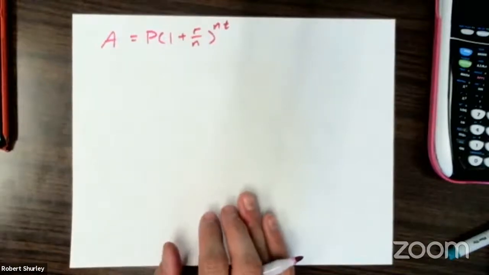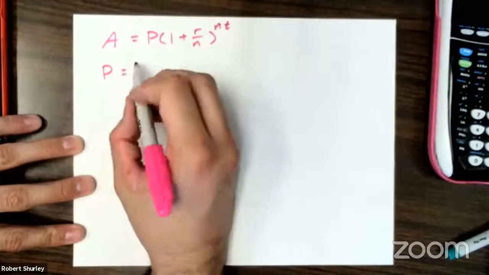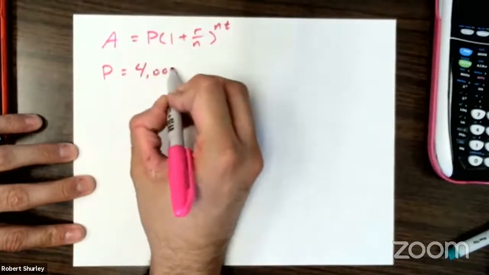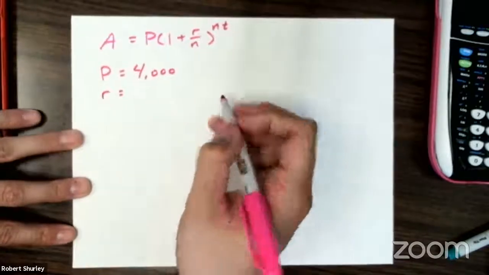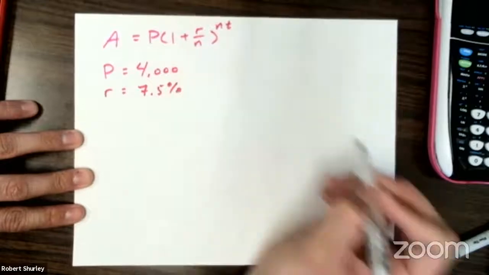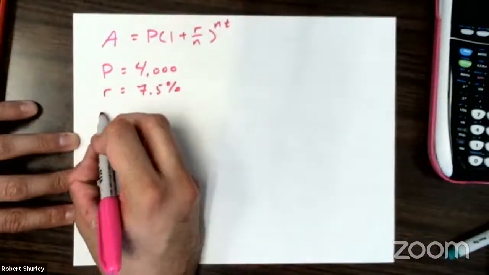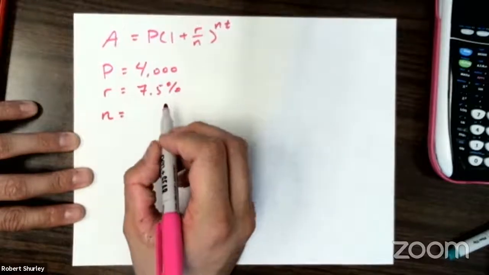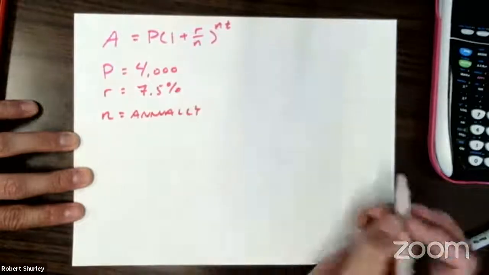Let's say we were given, which would be nice, $4,000. And the bank that we're going to invest in tells us you can make 7.5%. That'll never happen, at a bank anyway. And it's compounded, let's say annually, because I don't think we've done an annually example.